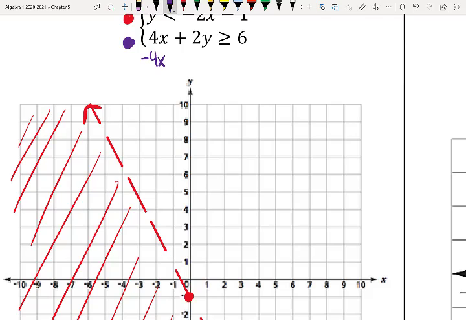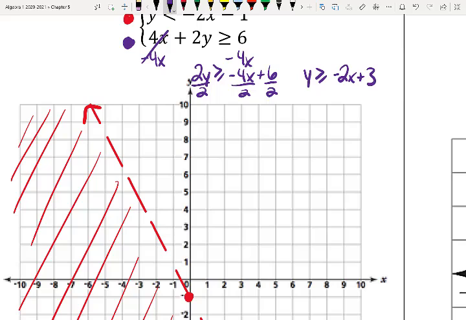I'm going to put this into slope-intercept form first, and then I can go ahead and graph. Because that gives me 2y is greater than or equal to negative 4x plus 6. And then I divide by 2 all the way through. So my rearranged inequality for my bottom one in blue is y is greater than or equal to negative 2x plus 3.